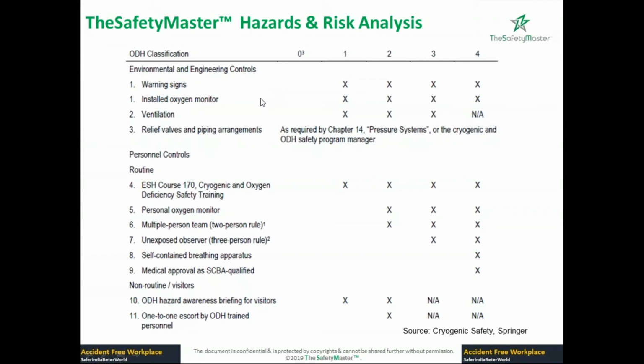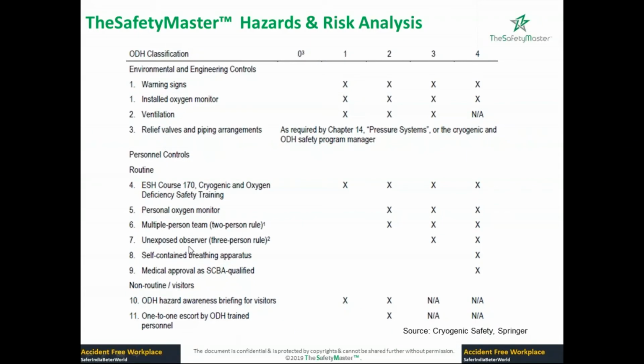Relief valve and piping arrangement as per the requirement. Routine training for all. Oxygen monitor is only for ODH 2, 3 and 4. Multi-person, that is the 2-person rule, is for ODH 2, 3 and 4. The observer, that is the 3rd-person rule, is only for ODH 3 and 4.